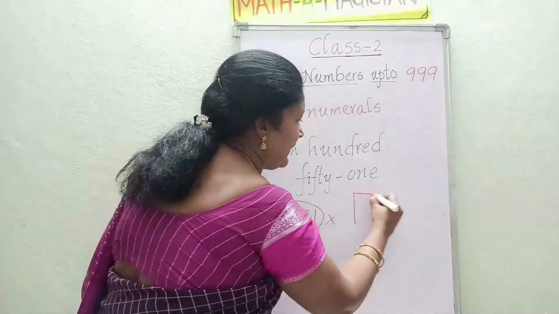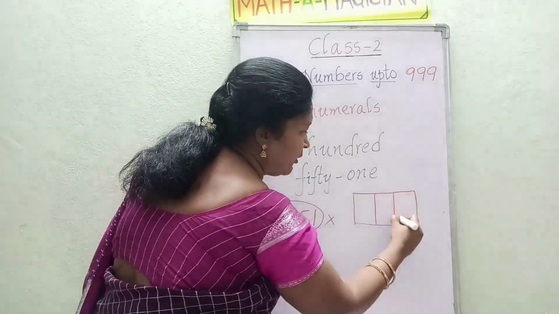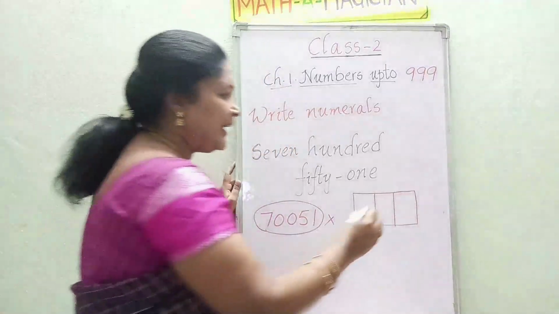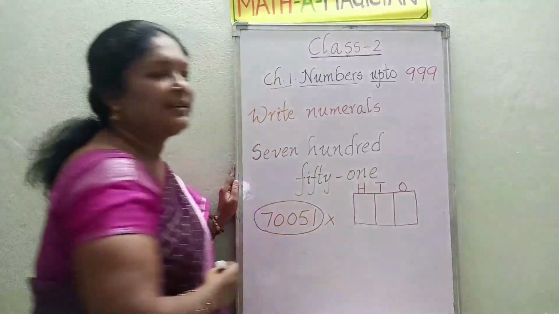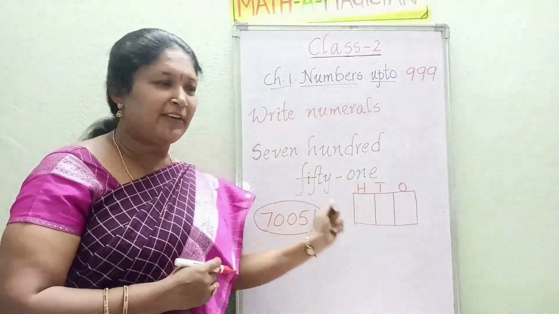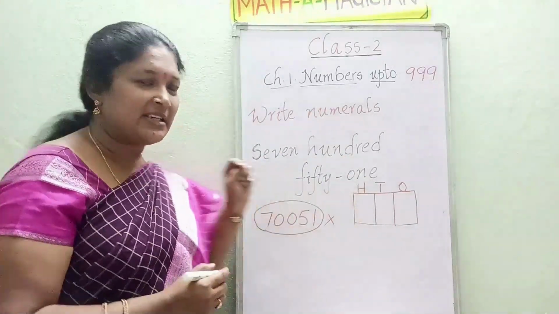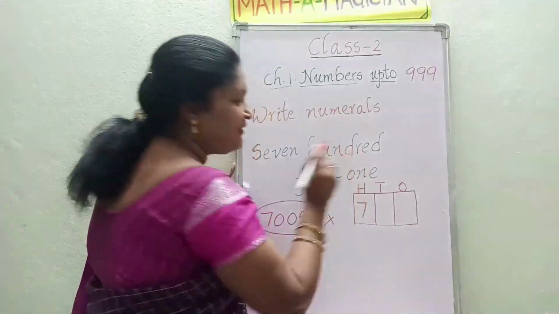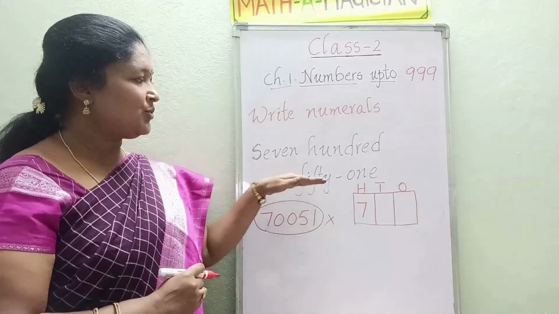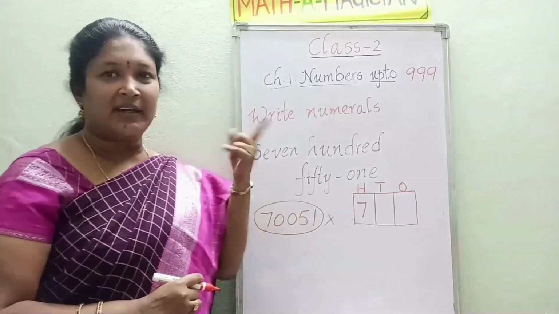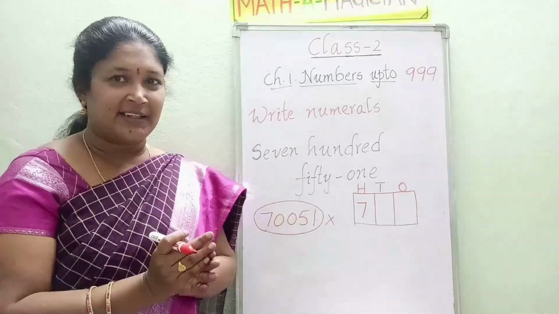So how to write? First, put a box with 3 blocks like this, and write the place values ones, tens, hundreds. Then it is easy for you. Now 700. So in hundreds place, which number we have to write? 7. In hundreds place we have to write 7. And what is the next one? 51. Already in number names I told you, tens place and ones place together.